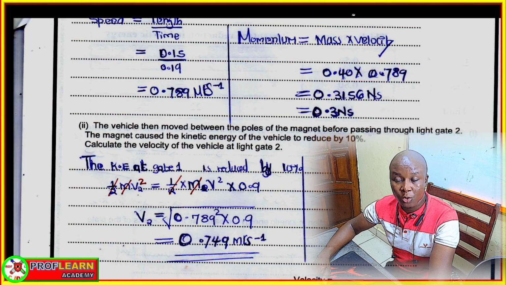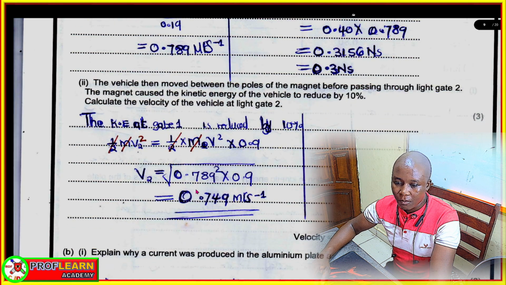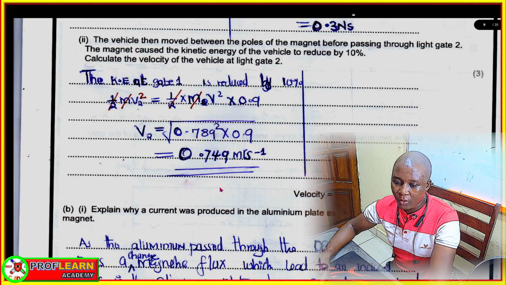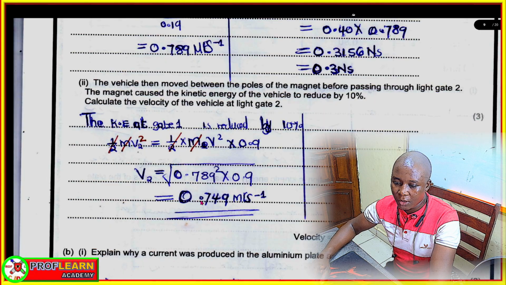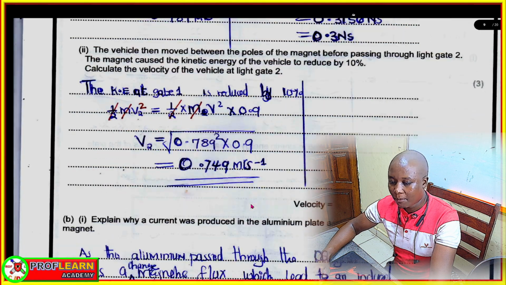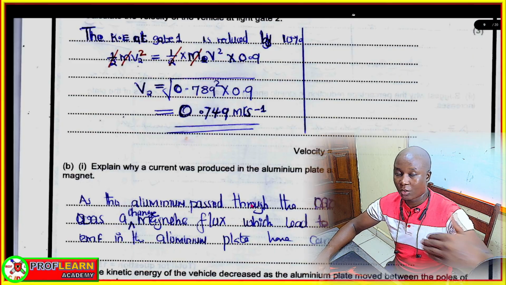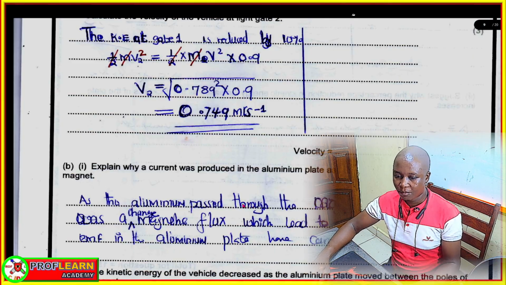Why 0.9? Because we are told we reduce by 10%, so the kinetic energy that will be remaining will be 90%. 90% as a decimal will be 0.9. But the mass, remember, will be the same for both cases. So mass will cancel out, and if you work out the final speed, it is going to be 0.749 meters per second. That's the final velocity it will have passing through in the second case.